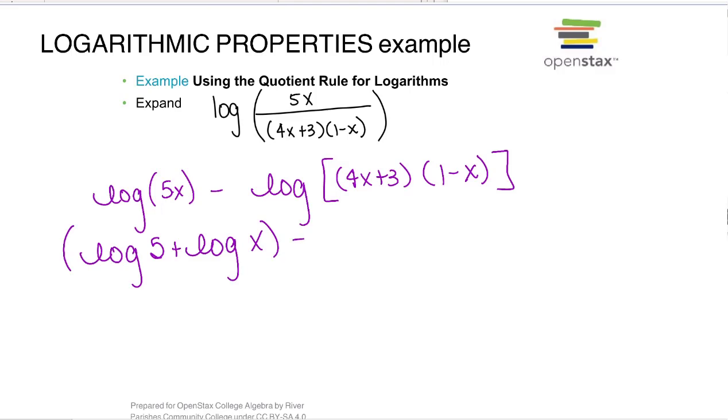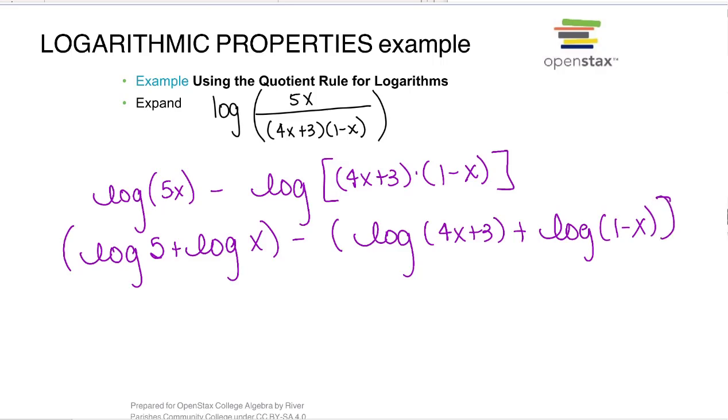And we are subtracting, this is product rule too, right? So we can expand that one into log base 10 of 4x plus 3 plus log base 10 of 1 minus x.